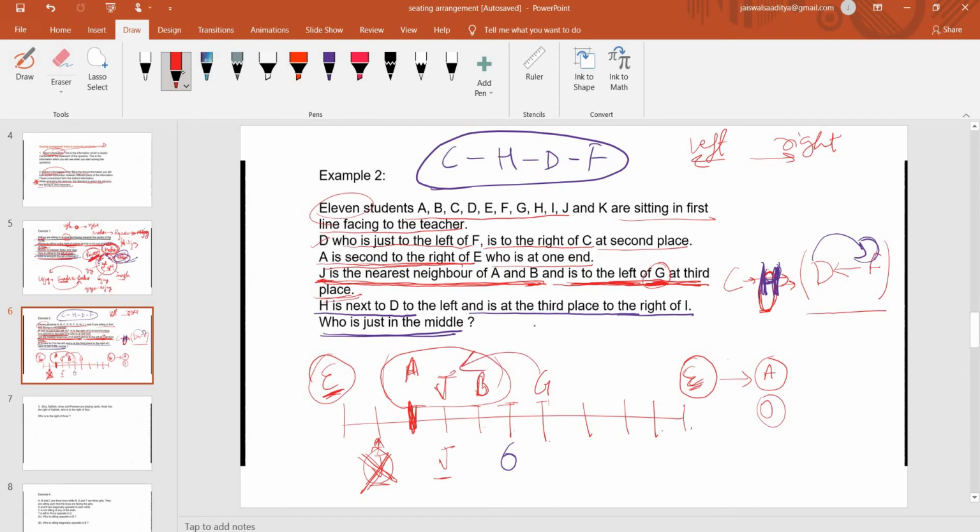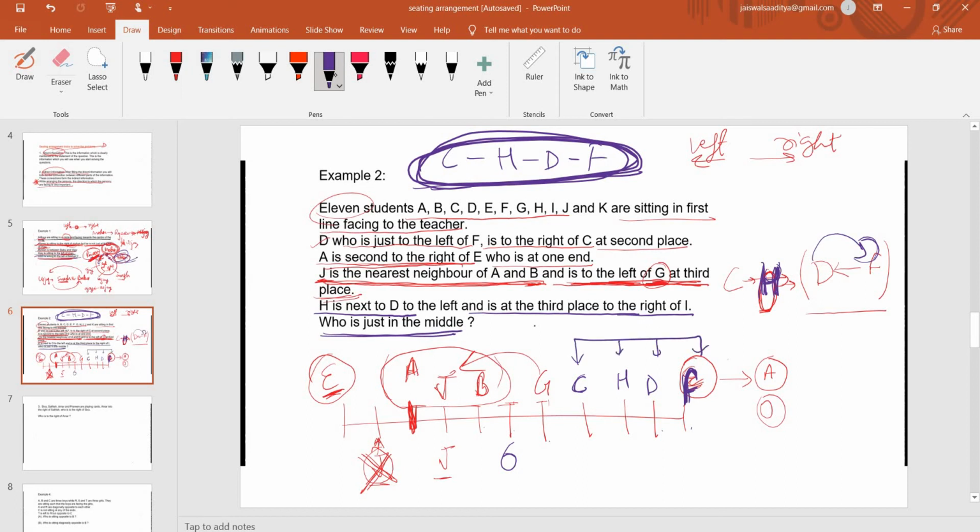Okay, now see. So the question is now solved. See, all the terms come together. So we have only one place left. So C, H, D, F. This is the only place where all four variables can be arranged.